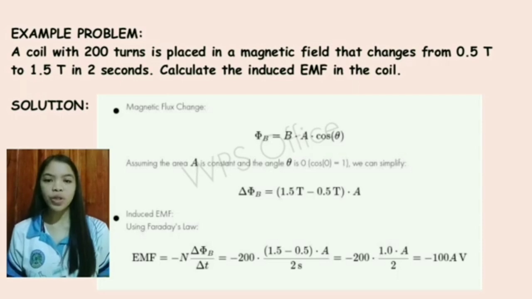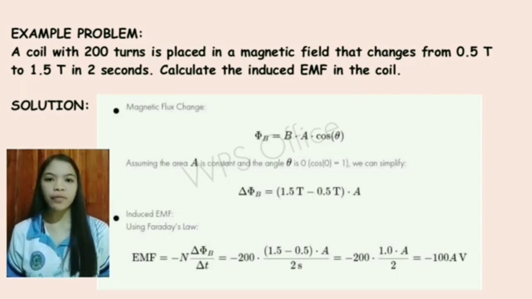Magnetic flux, which represents the amount of magnetic field passing through the coil, is calculated using the formula where B is the magnetic field strength, A is the area of the coil, and theta is the angle between the magnetic field and the coil surface.